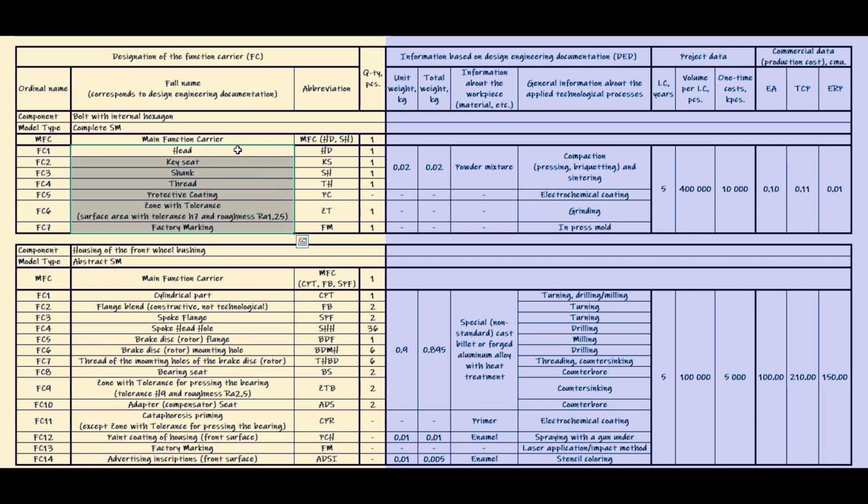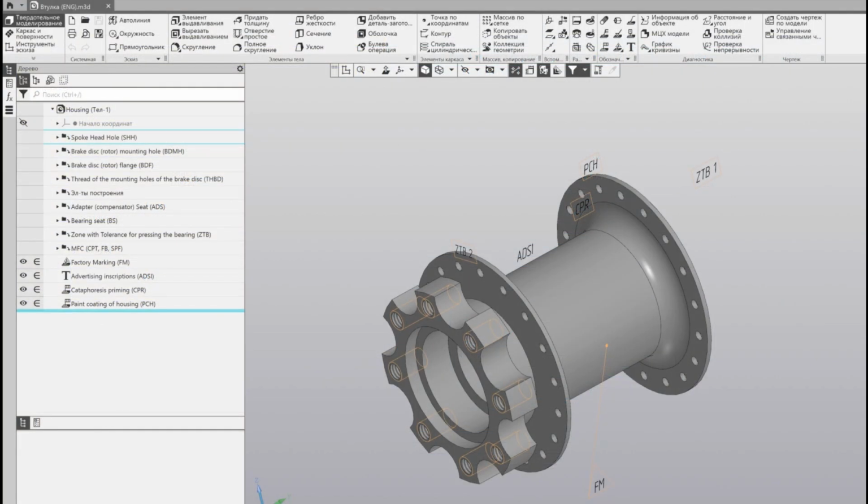Bolt and bushing models are an example of lower-level models that can be used in the value design engineering process, as opposed to abstract upper-level models, which include models of a bicycle and its front wheel. Unlike abstract models of a bicycle and the front wheel of a bicycle, for which visualization was made, in my opinion, it's not required.